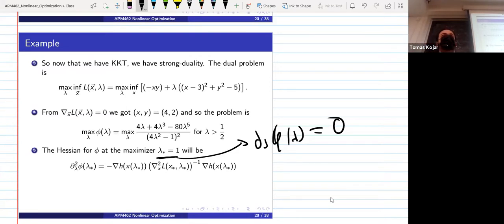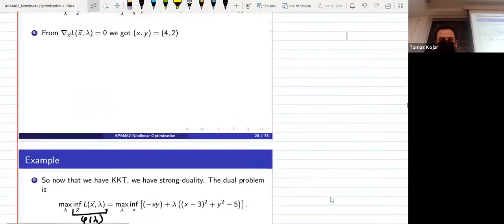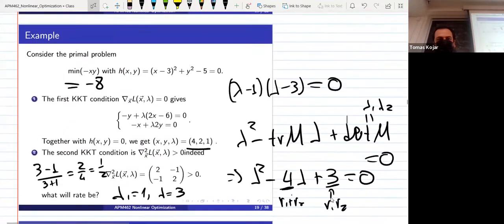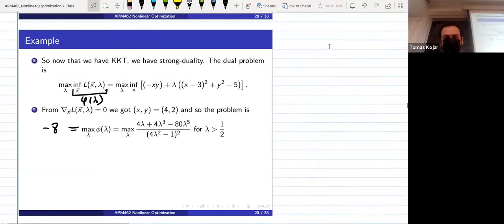I'm not going to do this because it's terrible. I know that this is the value from the primal problem. So that's how I know lambda is 1, and I expect you to just do the same. Do not take derivatives and kill yourself over it.